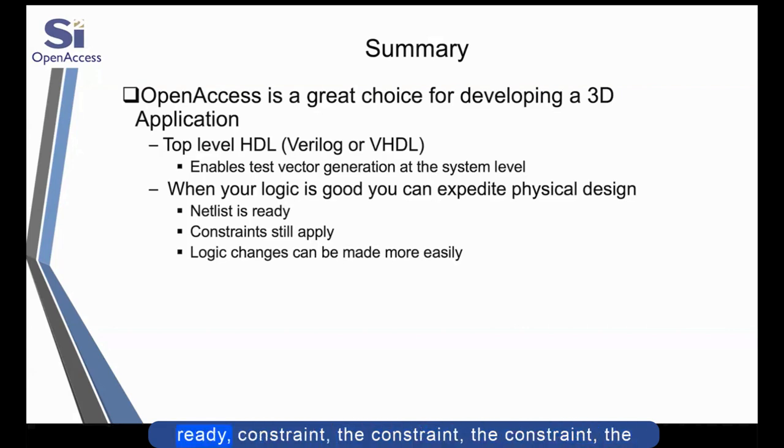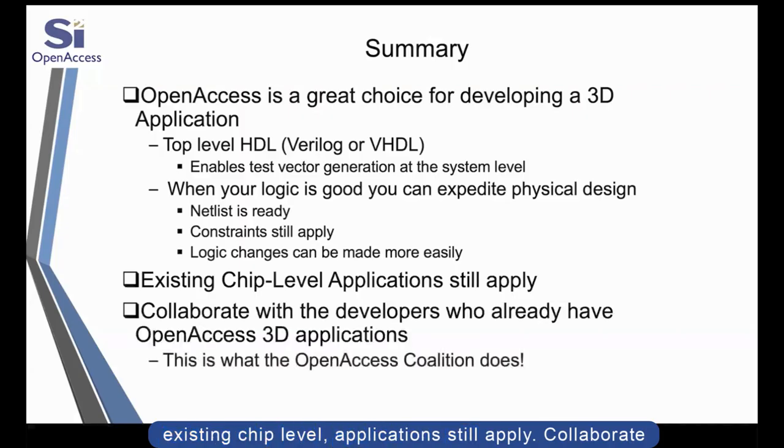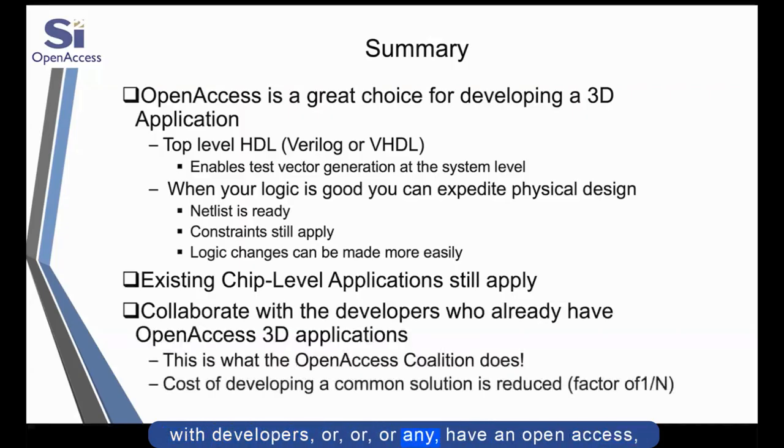We have the netlist ready, constraints still apply, and logic changes can be made more easily. And we have existing chip-level applications that still apply. Collaborate with developers who already have OpenAccess 3D applications. It will make OpenAccess code. This is what the coalition does. The cost of developing a common solution is reduced. Hope you like it, and thank you.